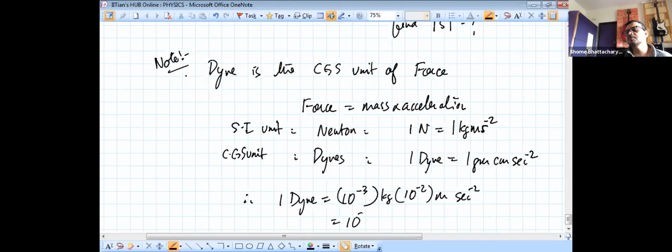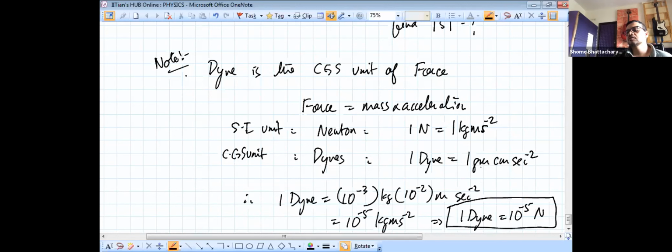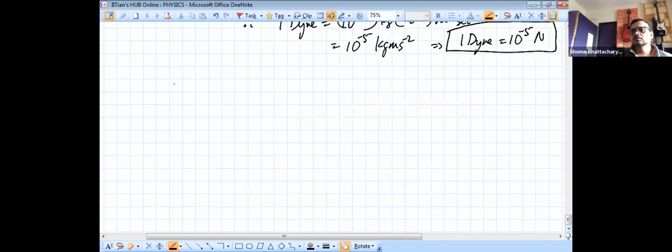So it is 10 raised to the power minus 5 kilogram meter per second square. So 1 dyne, which is a CGS unit, is actually 10 raised to the power minus 5 newtons. This is the relationship between Newton and dyne. So anyway, coming back to these vectors.